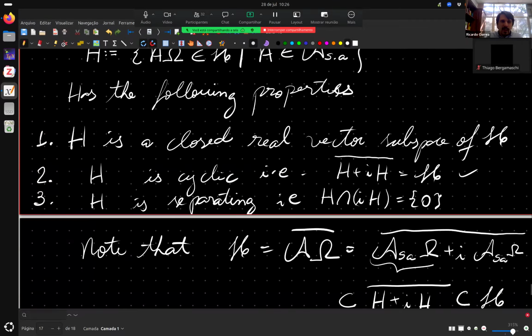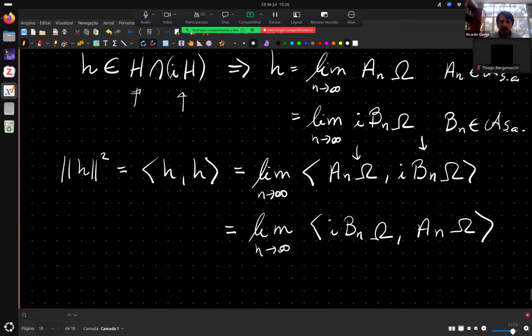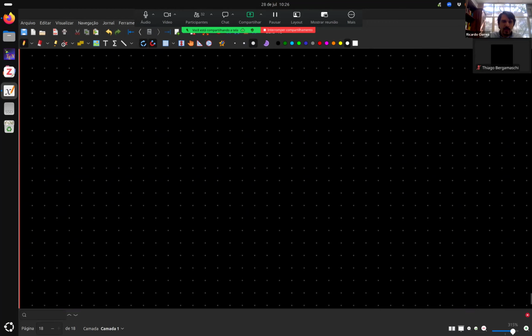Okay, but then what I have is a closed real subspace of my Hilbert space, which is cyclic and separating. That is basically the situation. And what I want to play with now is the complex structure of my spaces, either by looking at these standard subspaces, which are only real subspaces of the complex one, or with my algebra.